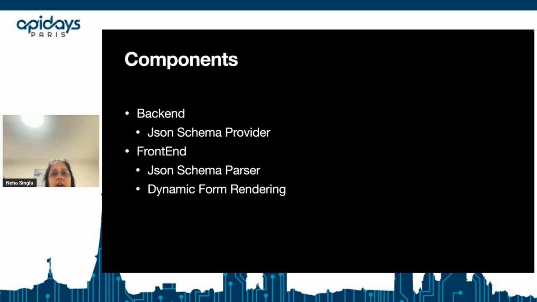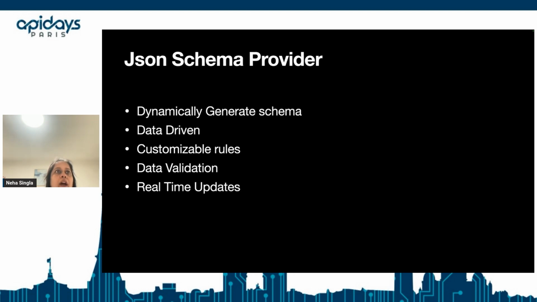So we have seen there are different components here. The backend has the JSON schema provider, and the front end has the parser and the dynamic form rendering. The schema provider dynamically generates the schema for each user. It's data driven and has a lot of customizable rules.